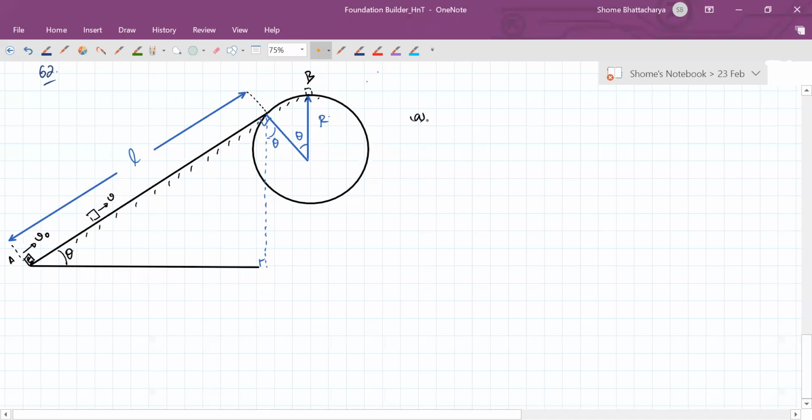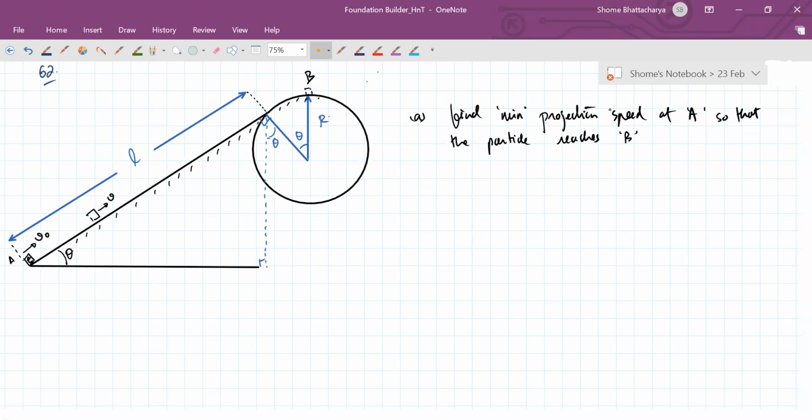So first part is we have to find the minimum projection speed at A so that the particle reaches the top point B. Okay, so for that we have to understand that at B, the kinetic energy should be greater than or equal to 0.